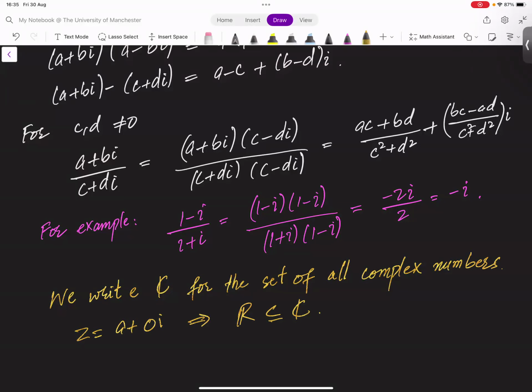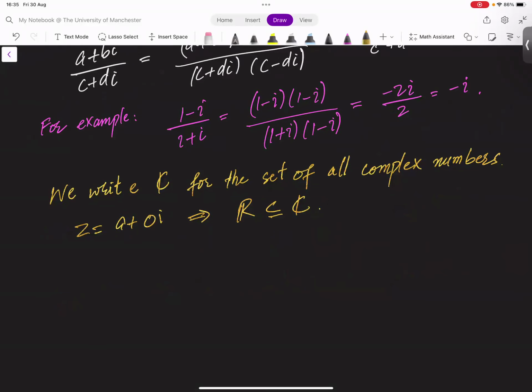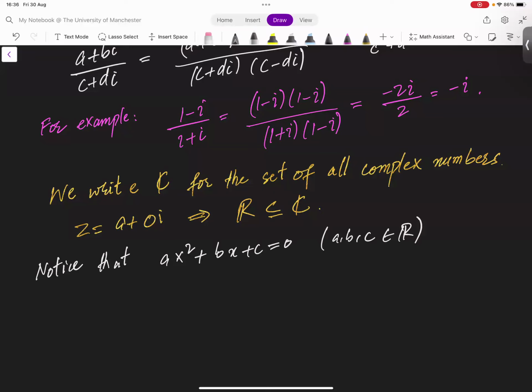Now notice that every quadratic equation for a, b, c in R has roots in C, because every real is a complex number.